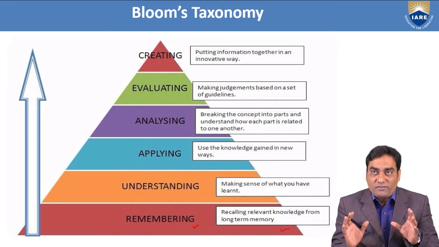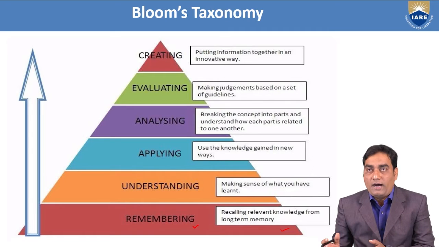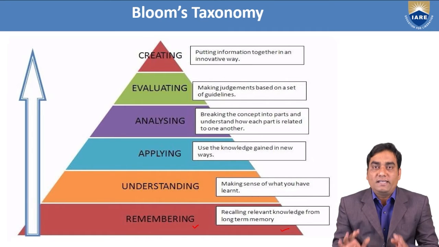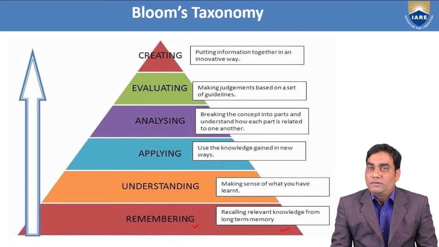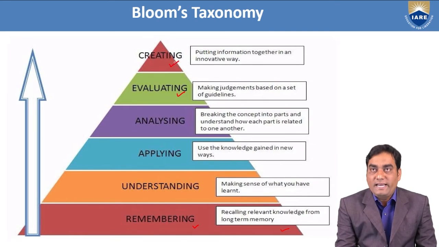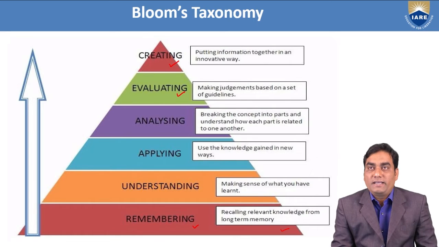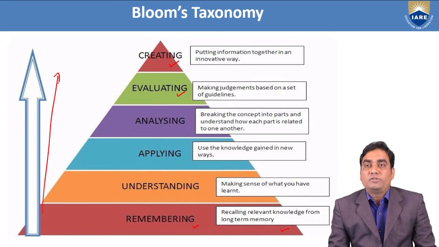After analyzing comes evaluating. Evaluate means making judgments based on a set of guidelines. And finally, we have creating, putting information together in an innovative way. That is called creating. So these are the 6 Bloom's levels in Bloom's taxonomy.